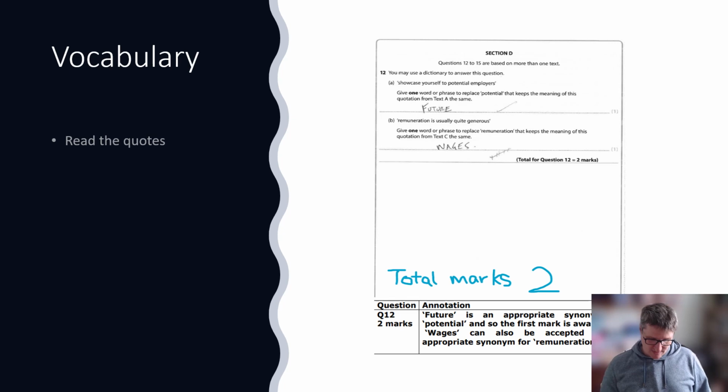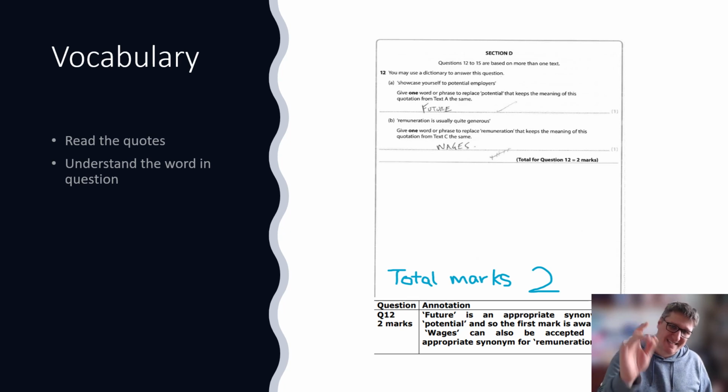So you read the quotes carefully, then you understand the word in question. It's the potential employers that you're replacing. In the second one, remuneration is usually quite generous. Give one word or phrase to replace remuneration, keeping the meaning of this quotation from text C the same. Wages, salary, pay.